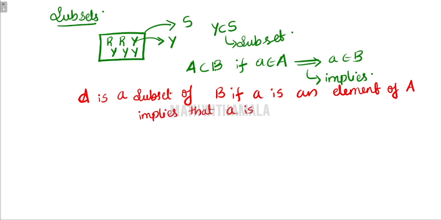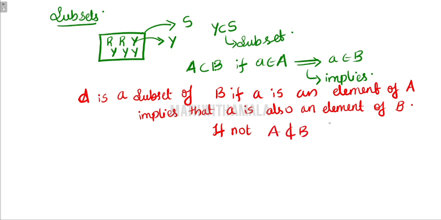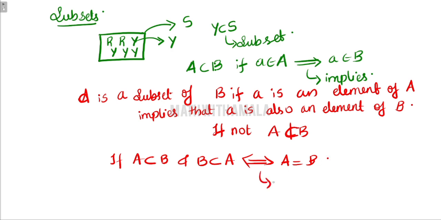If a is there in the capital A, then that element small a should be there in capital B. This is denoted with A subset of B, with a long C. If it is not so, it is called A is not a subset of B, and you denote it with a strike.